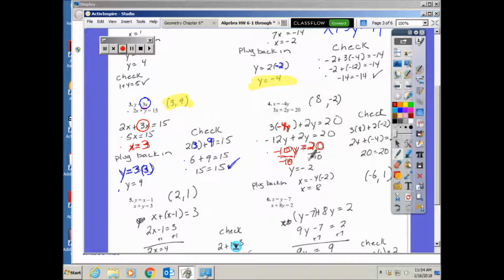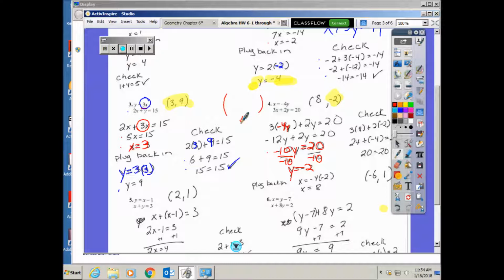I divide both sides by negative 10. It's really messy. And y equals negative 2. So it looks to me like my y value is negative 2. Again, when I do the problems, as soon as I solve for one, I make a set of parentheses like that. Although it'd be better if I did it in pen.